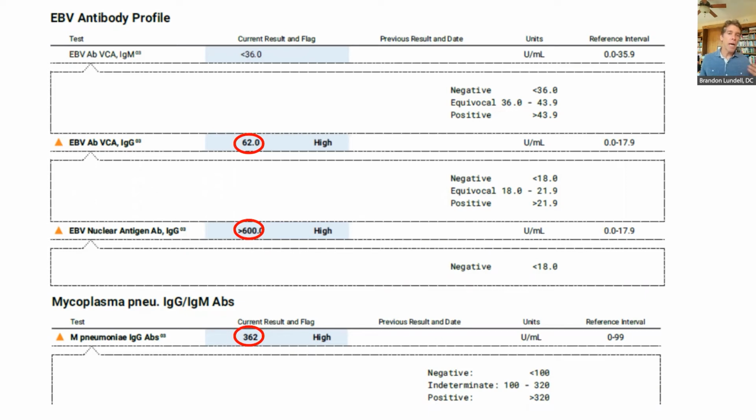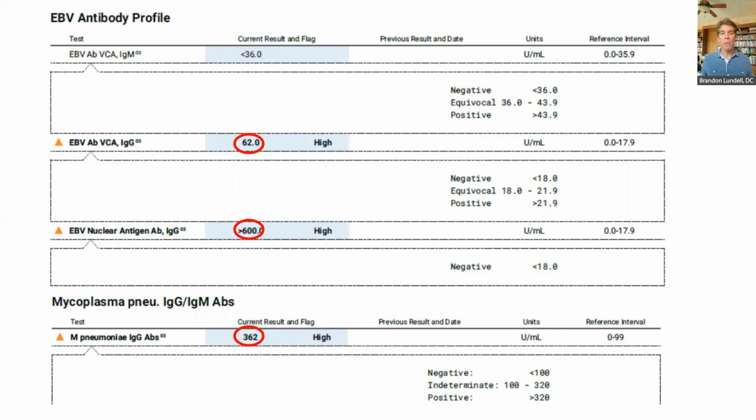What we look at are titer levels. Whenever I see a titer level of the VCA or the nuclear antigens, especially greater than 600, then we know that it's most likely very active in his body. So looking at the viral support is huge for a patient like this.